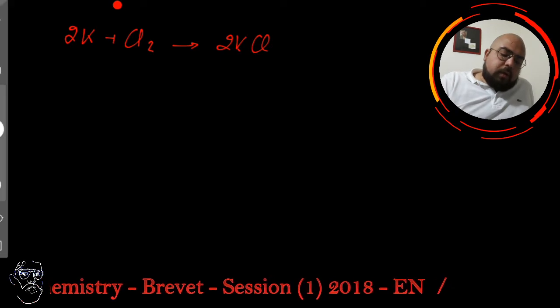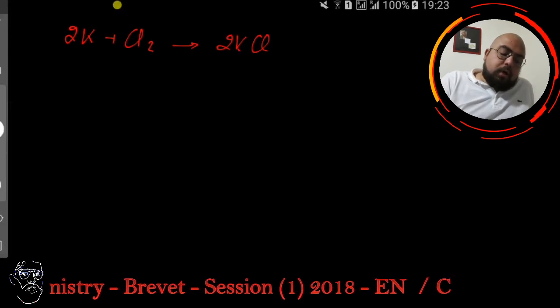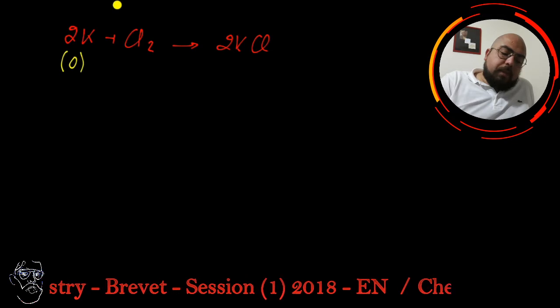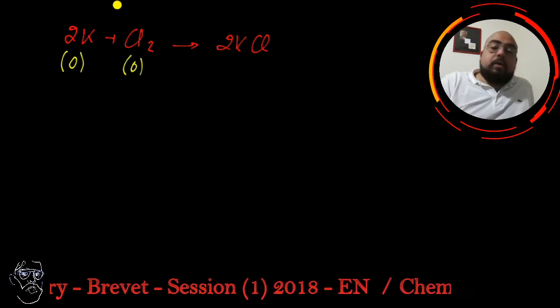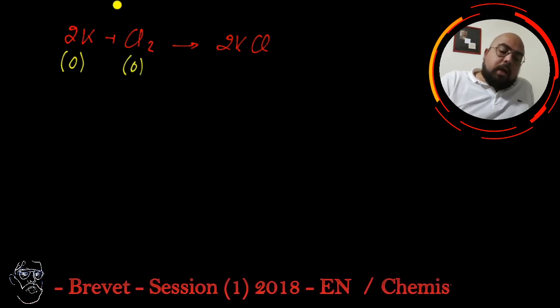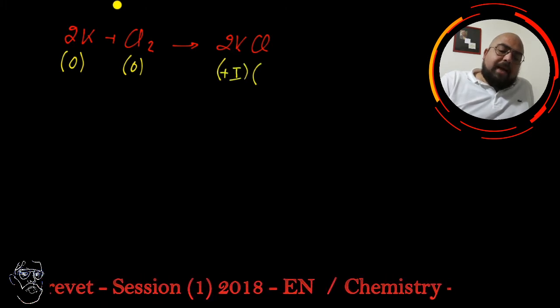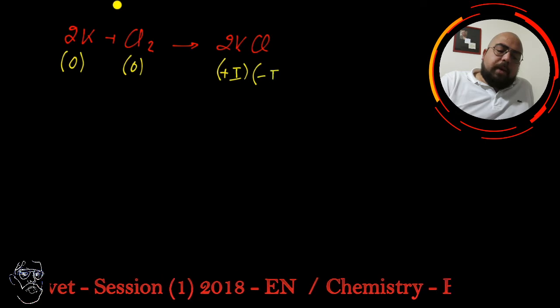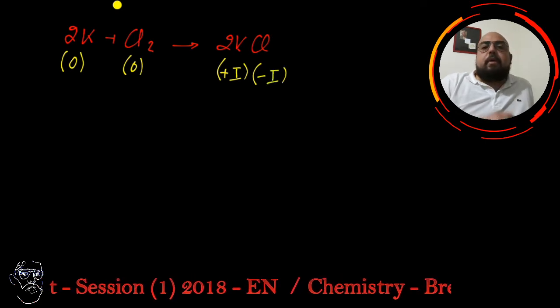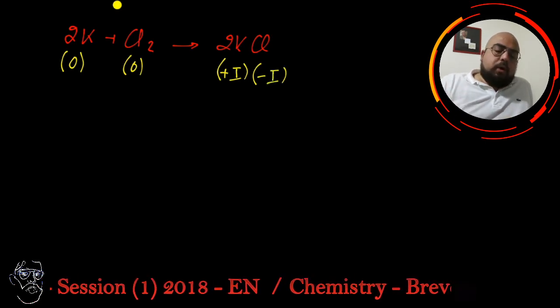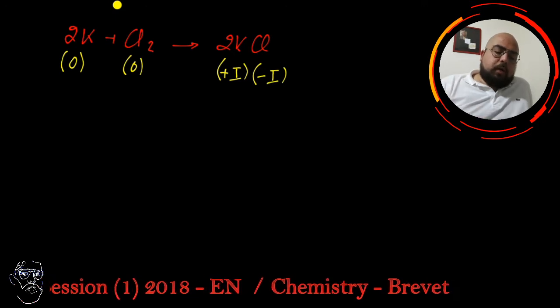So we need to check the oxidation number for each element. For K it's 0, Cl2 again it's 0 because it's purely chlorine. K in KCl is +1. Cl will automatically be -1 because you need +1 -1 equal to 0 in order to have KCl as a neutral compound.